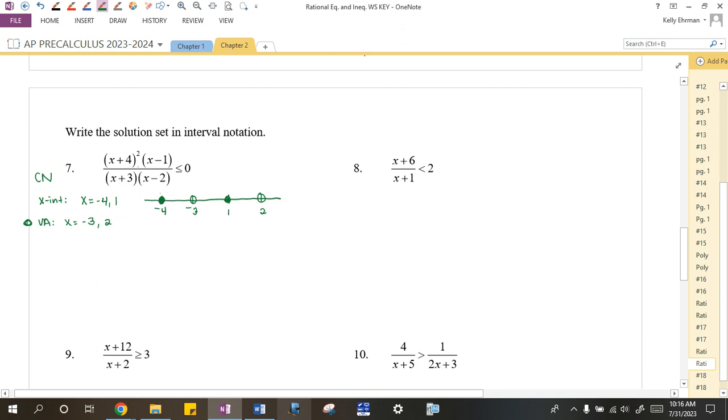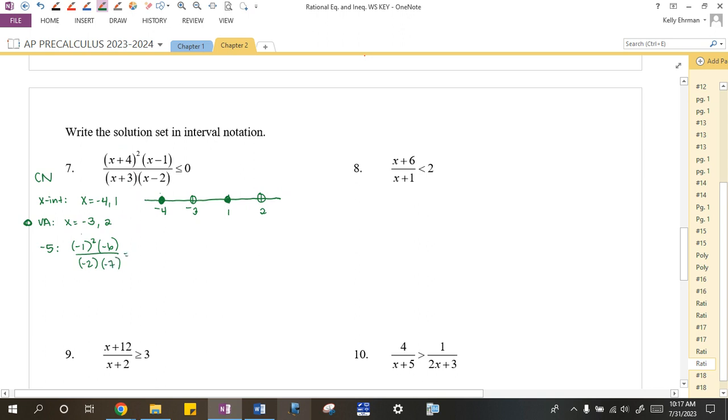So we need to see, when I plug in a number in each section, does this overall fraction come out positive or negative? The nice thing about being in factored form is you don't have to always get the exact numerical answer. You're just looking at signs. So if I plug in -5: -5 plus 4, I get -1 squared. -5 minus 1, -6. -5 plus 3 is -2. -5 minus 2 is -7.